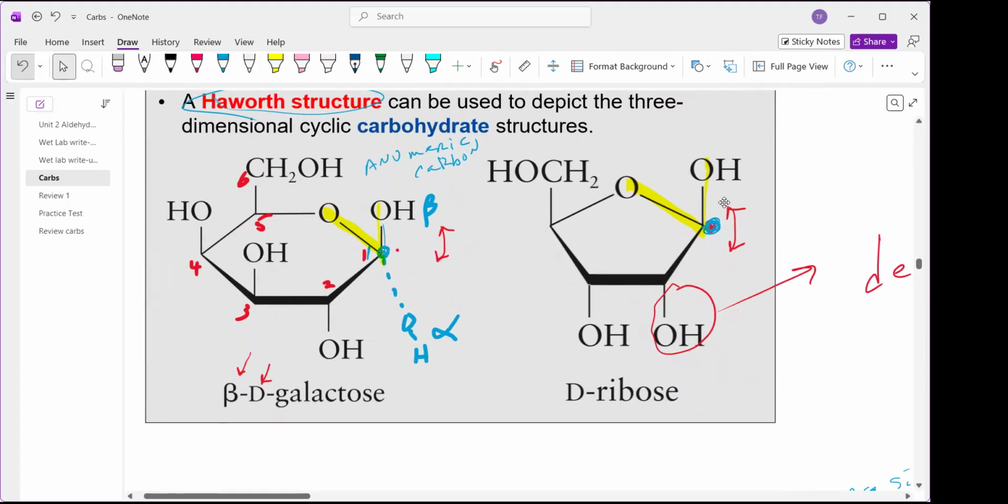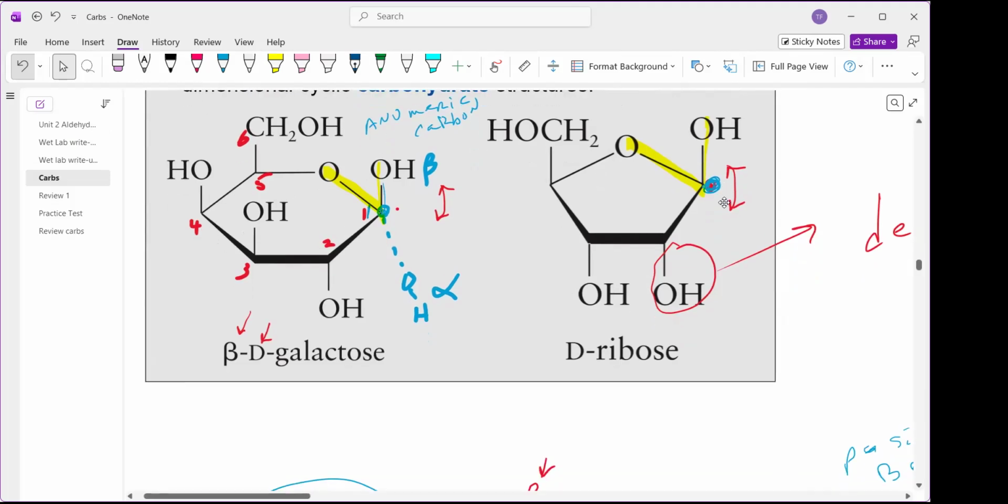So the anomeric carbons always go to the right, except in biology books. They would show sucrose with the fructose in a non-standard way. And I don't know why they do that, but they do it. Okay, so ribose is a pretty simple little sugar. And you've probably heard of deoxyribose, part of the nucleic acid series.